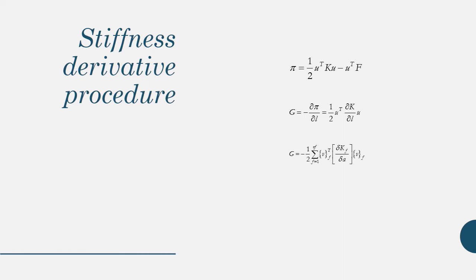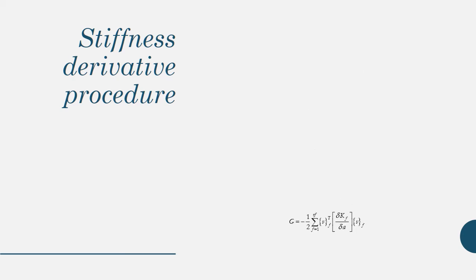As it's written in the previous work of Bouziane 2014, this is the exact writing. It's the sum where vector V is the vector of nodal displacement, dk by dA is the derivative of stiffness by the extension, and F is only the elements around the crack tip that are considered to calculate this energy release rate.